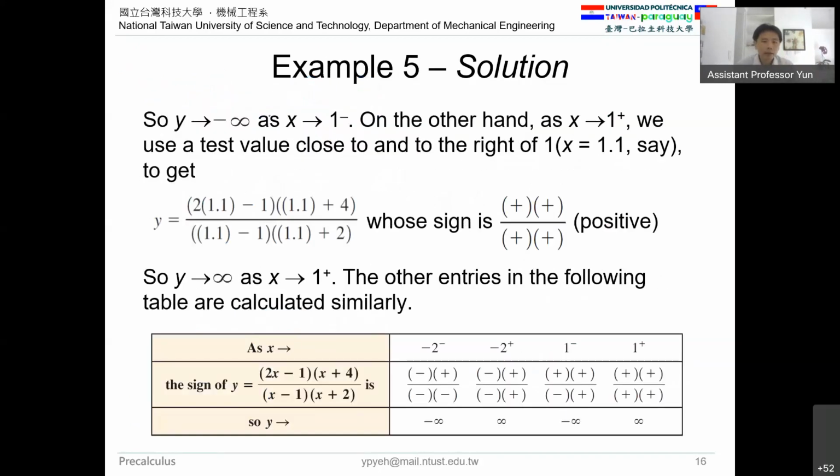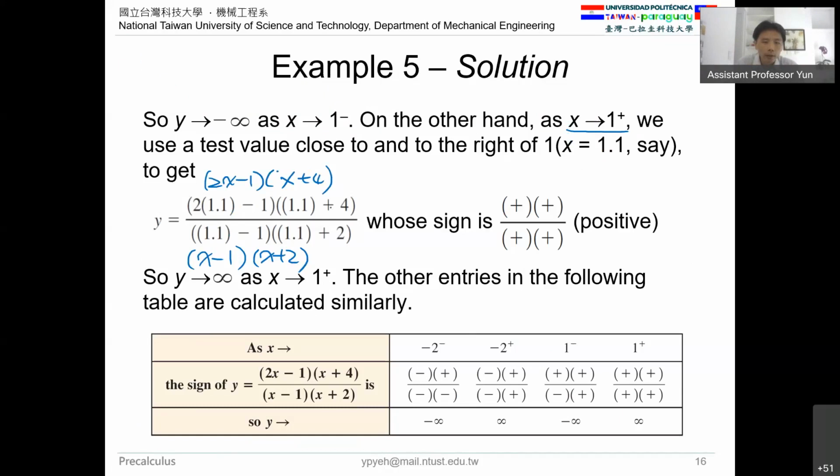So in the case of x approaching 1 at the right-hand side here, you can use x equal to 1.1 to estimate the function f of x at the right-hand side of the 1 here, and you can see that the function will also be evaluated by substituting 1.1 for x here.